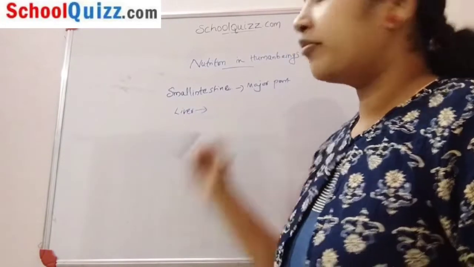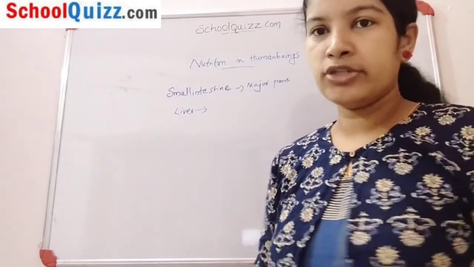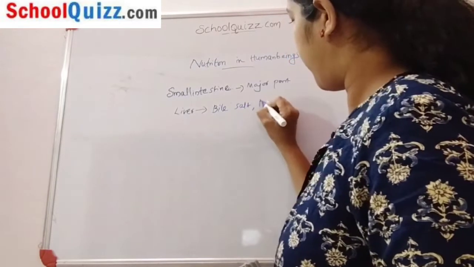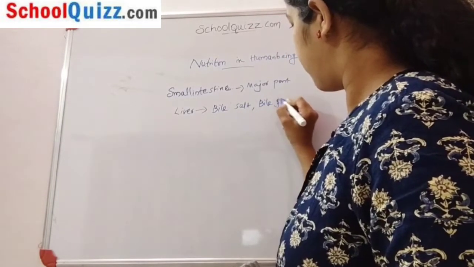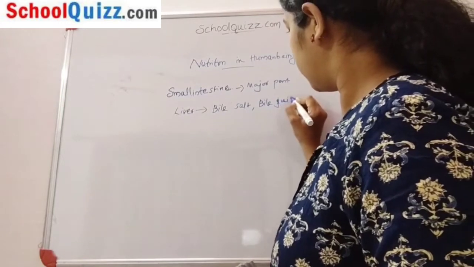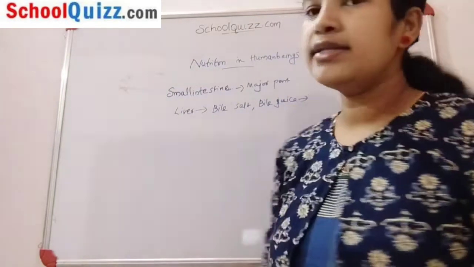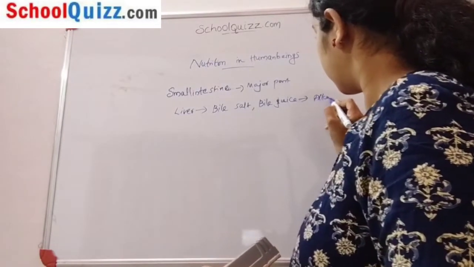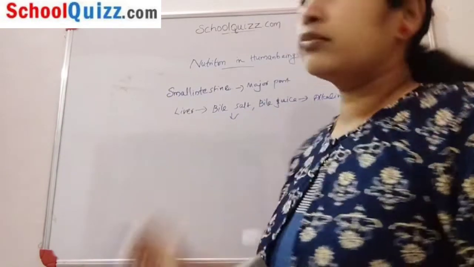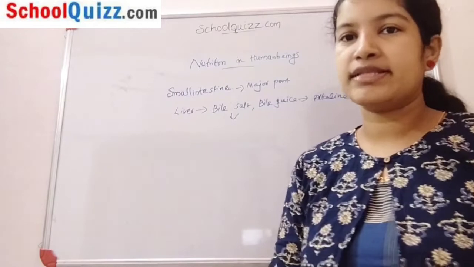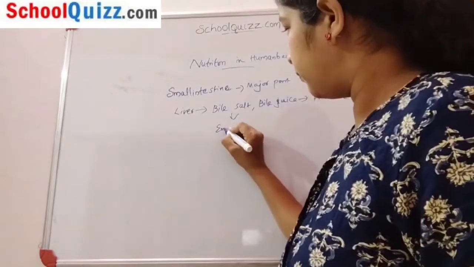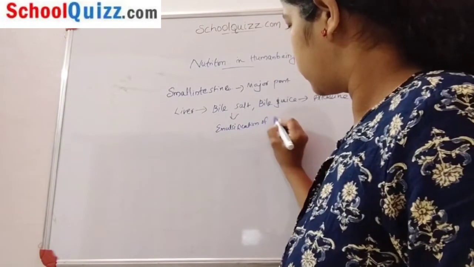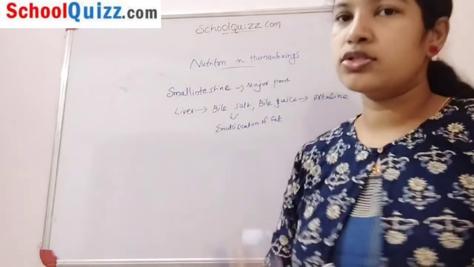From the liver we have bile salt and bile juice. Bile juice helps to keep the medium alkaline, and bile salt helps in the emulsification of fat. This is all from bile.